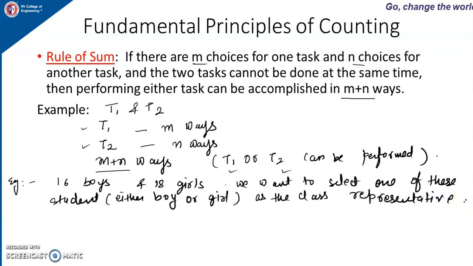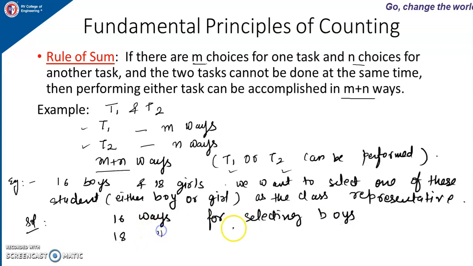Here there will be 16 ways of selecting a boy, and in the same way there will be 18 ways of selecting a girl.